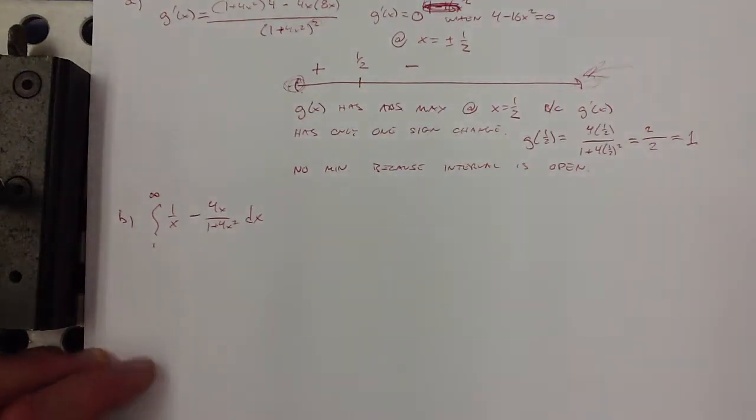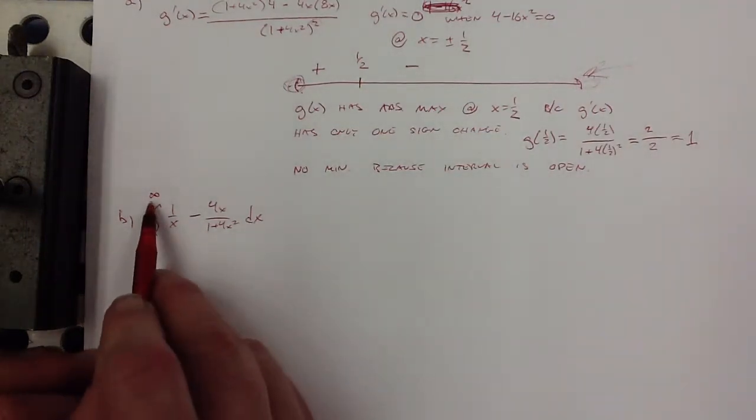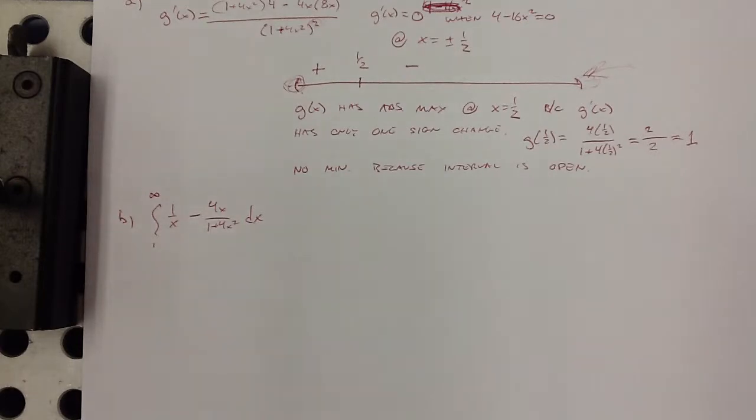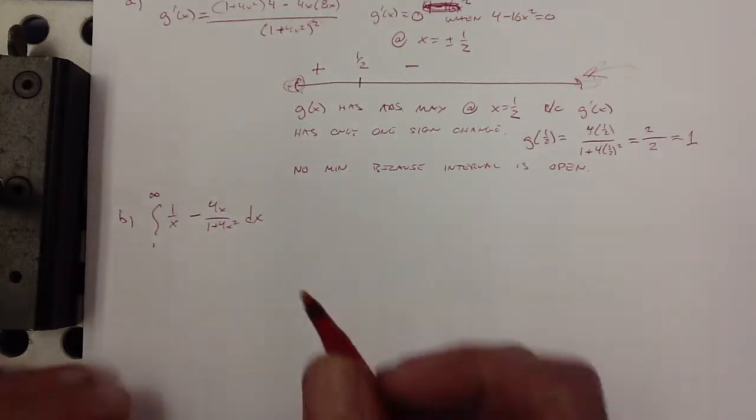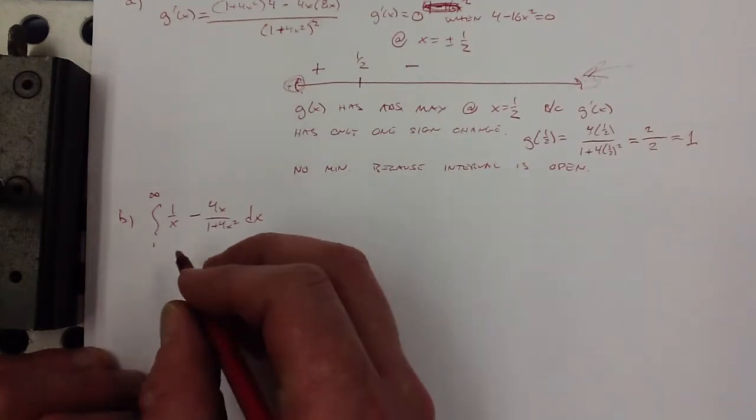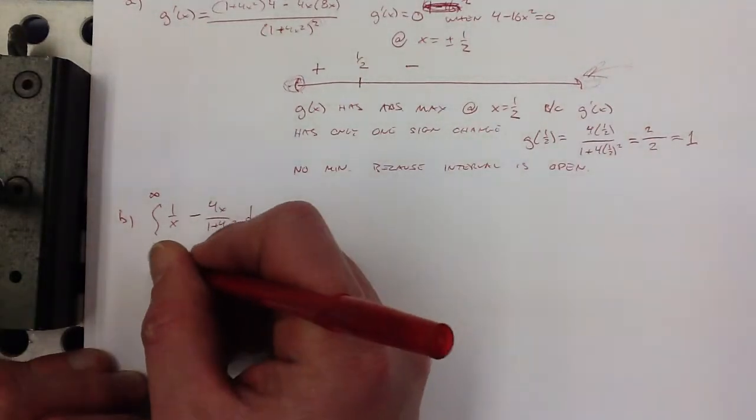So let's take the antiderivative and see what we can do. Remember, with these improper ones, we're hoping that we can plug in infinity and get it to resolve itself into an answer. And certainly we expect to get an answer here because it says find the area. It doesn't say find the area or state that it does not exist. So we should get a number here. At least that's what I'm thinking.